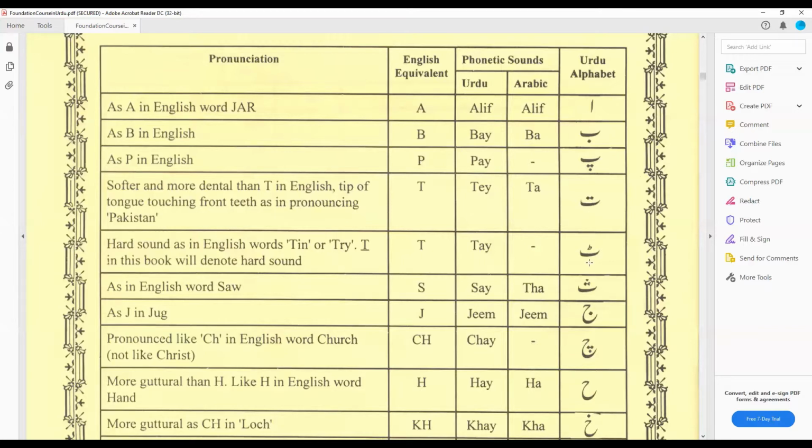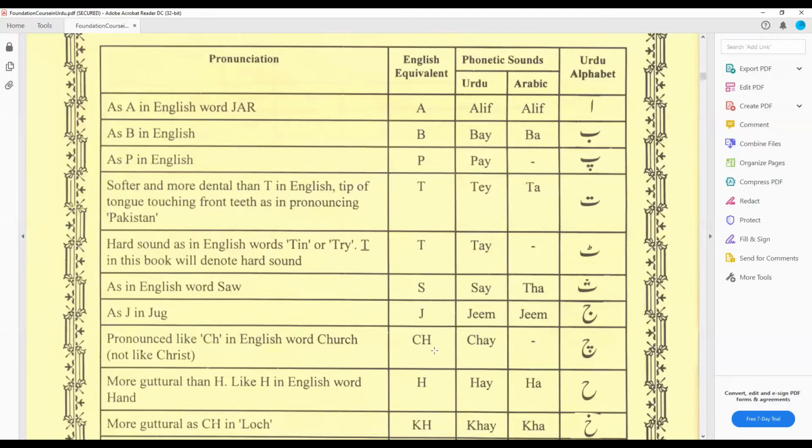Te, and it's Day. Te is the same sound. Te has two dots, and there's a small cap over the curved line. Say has three dots over the curved line. Then Jim, which is the same sound as J. Notice the letters we use: T, T, Say S, Jim J, and Che.